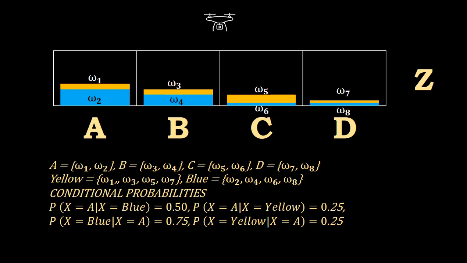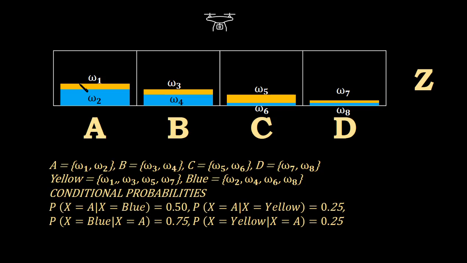So, how is that? We know that the drone landed in A. So now the sample space is omega 1 and omega 2. We stop considering the other 6 possibilities. It's either in omega 2 or omega 1.